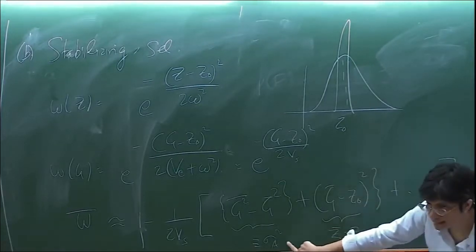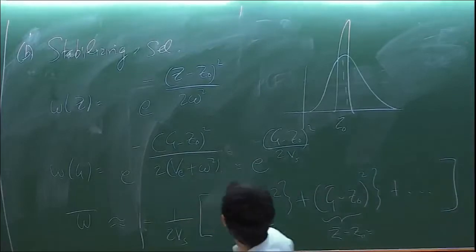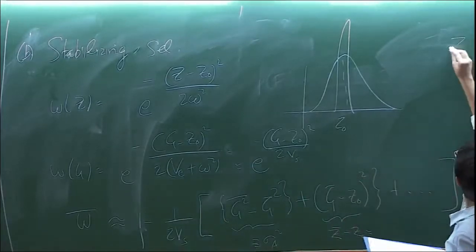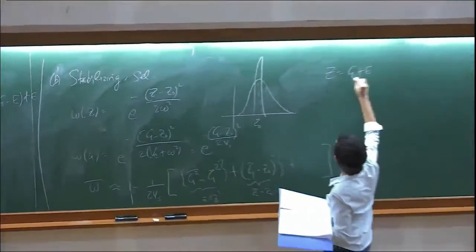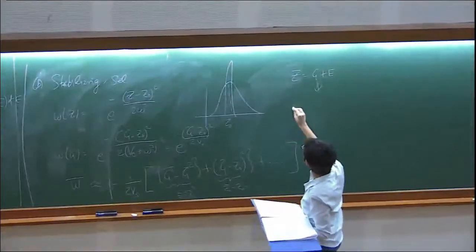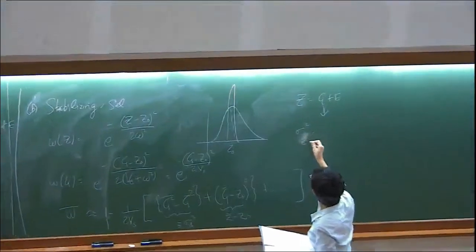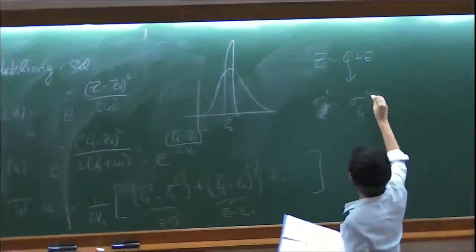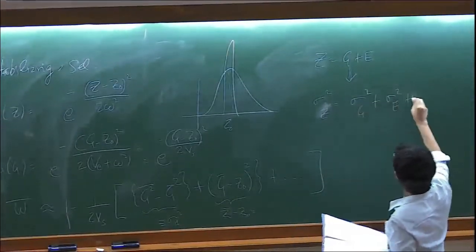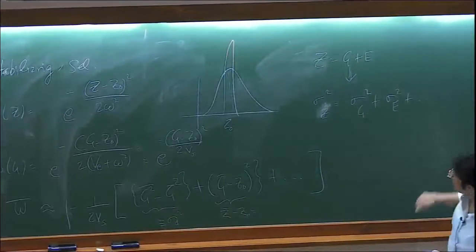This is genetic variance, but Z equal to G plus E, you can check it, means that sigma P square or sigma Z square is equal to the genetic variance plus environmental variance, plus other interactions, which I'll neglect today.